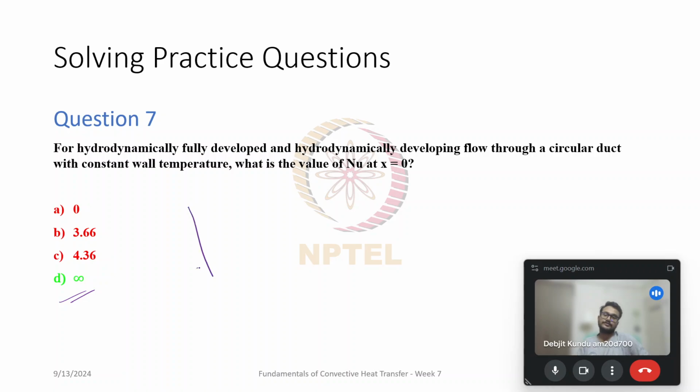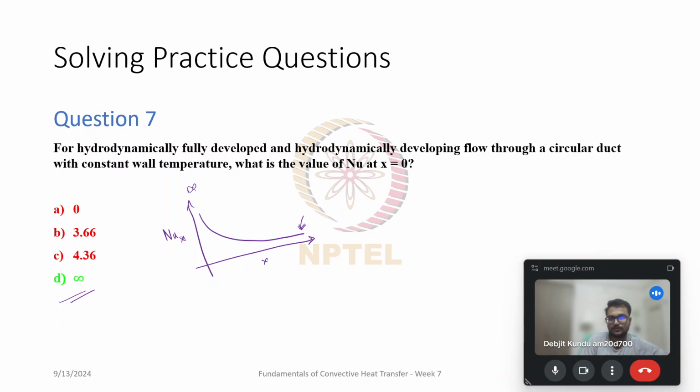Earlier we saw the expressions of the local Nusselt number as a function of x being something like this. It keeps decreasing and is finite, but exactly at x equal to 0 it is infinite. So this line doesn't really touch anywhere.